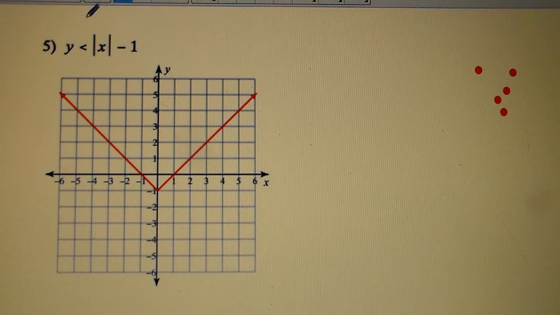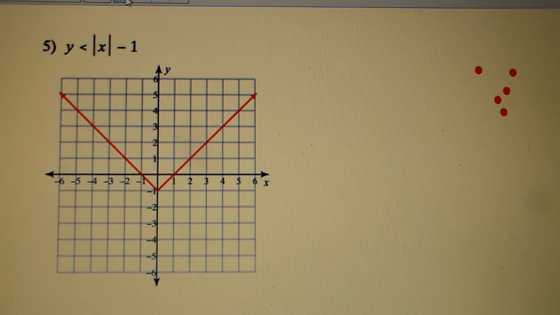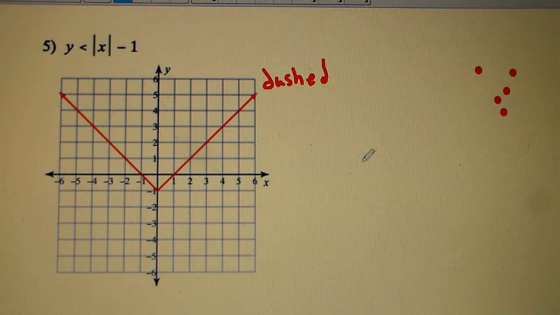So, in this case, we have y is less than absolute value of x minus 1. We already see that this red line already is graphed. We know that less than means that's supposed to be a dashed line. So I'm just going to write dashed on the side here. This is supposed to be a dashed line. There and there. Now we got to determine, is it less than or greater than? Well, y is less than.